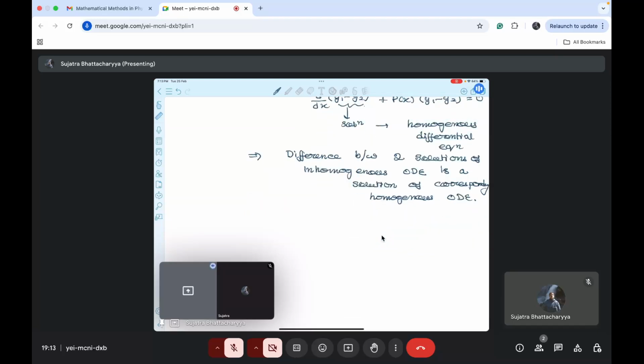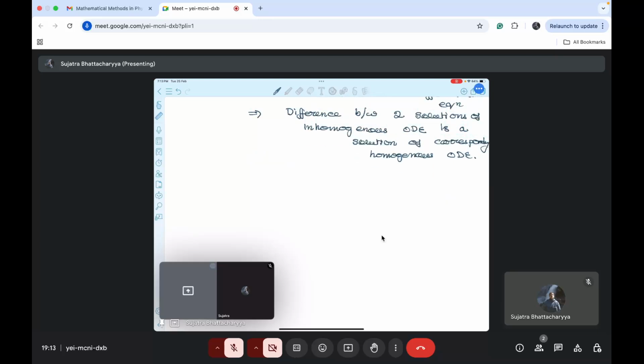Now about the solutions, the next thing is the linear dependence and independence of the functions. These functions are nothing but the solutions of the ODE.